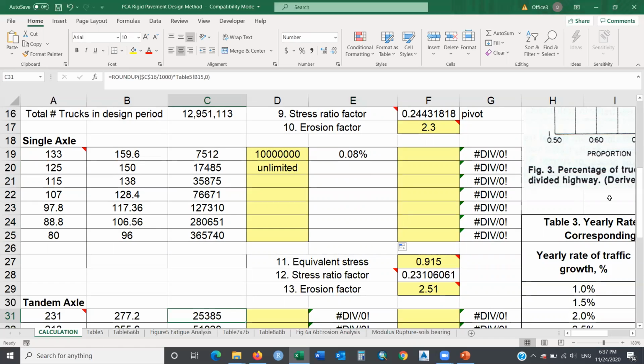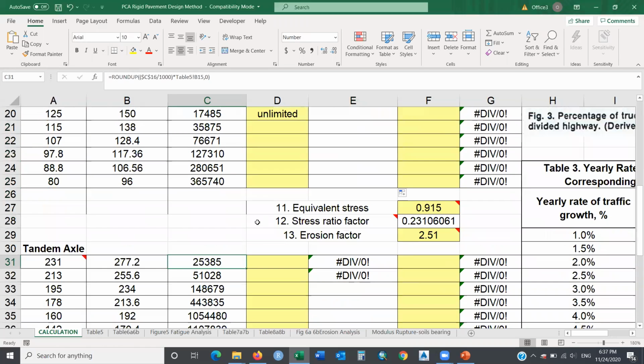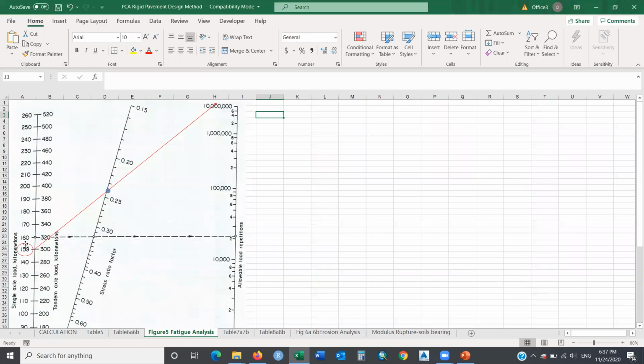Now I go for tandem. For tandem, I go with 277. This is 280, this is 260. So I will be slightly below the 280 for the 277.